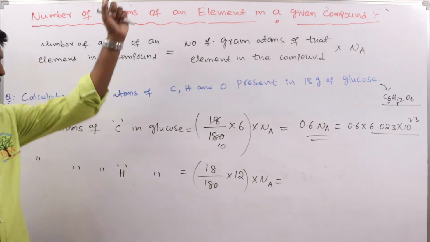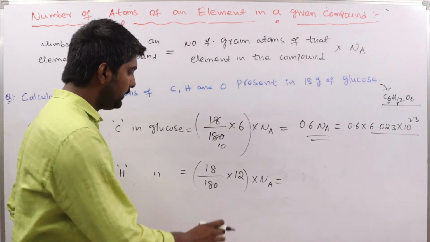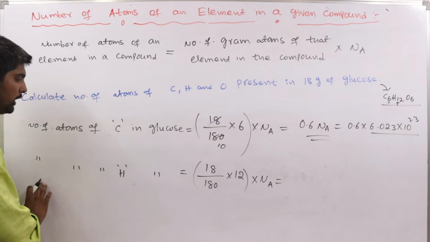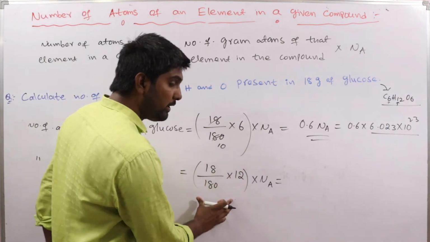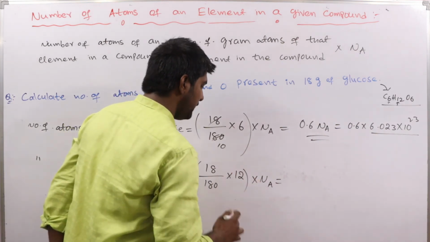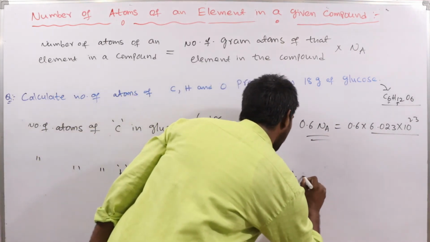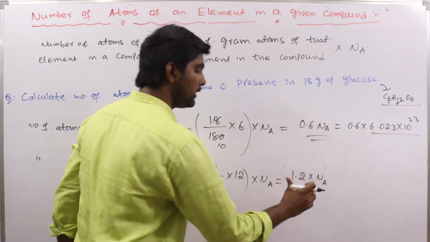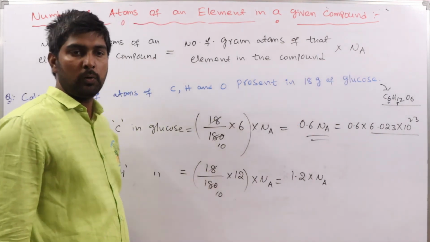Simple. Because we are calculating the number of atoms of hydrogen, the previous formula is multiplied by Avogadro number. Here it is one tenth times 12, so we get 1.2 Na. So these many atoms of hydrogen are present in 18 gram of glucose.